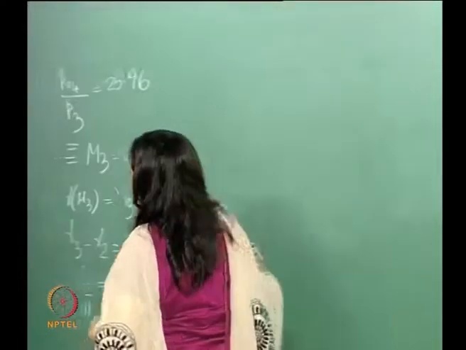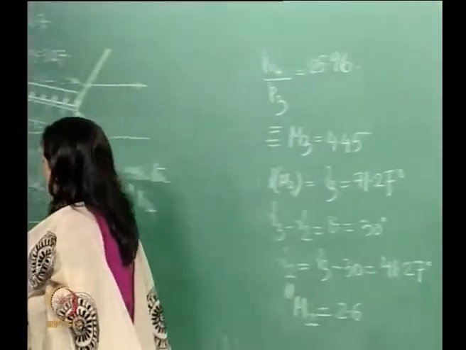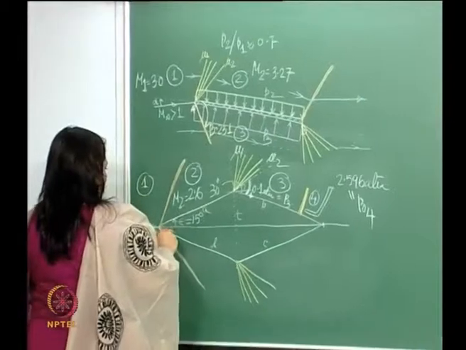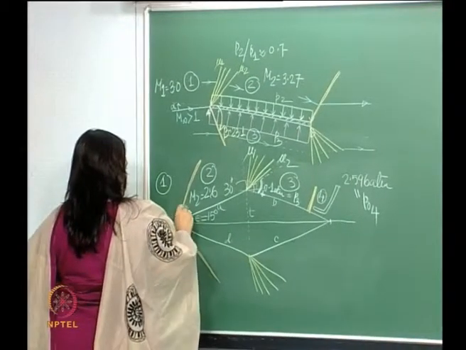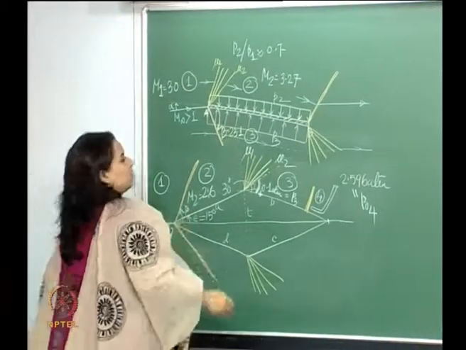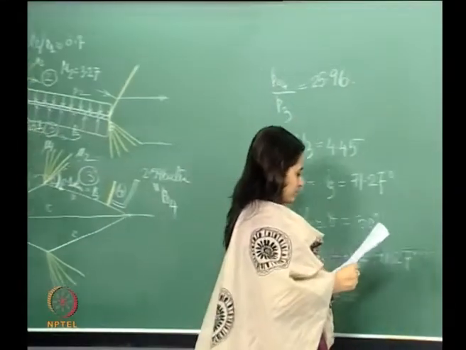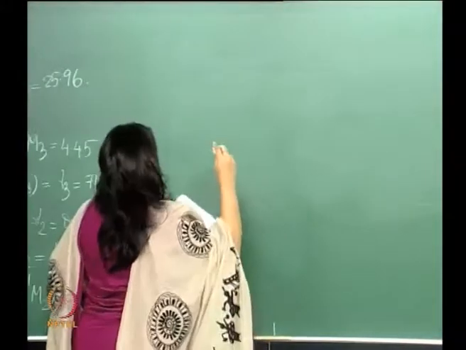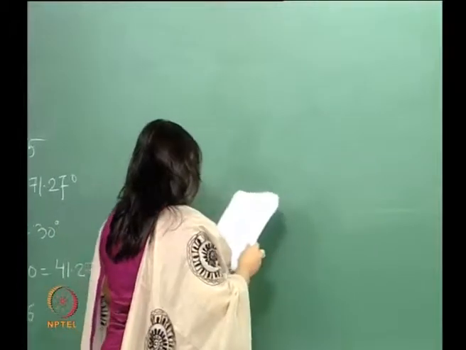Okay. So, let the shock wave angle be beta. Okay. So, then M2 is this, right.